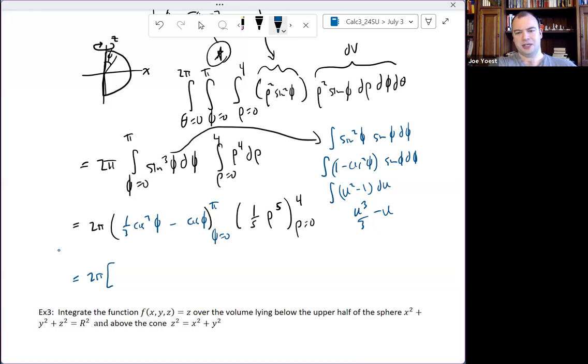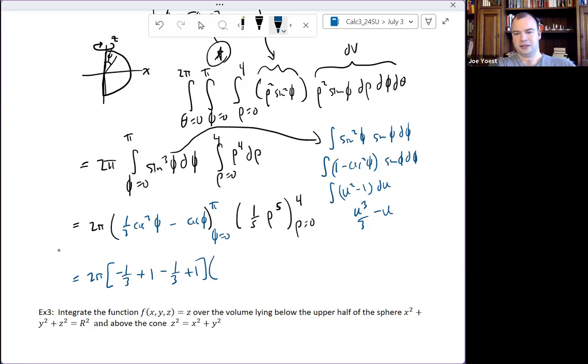So cos of pi is -1, so that's -1/3 plus 1. And then cos of 0 is 1, so that's a minus 1/3, and then a minus is a plus, cos of 0 is 1.